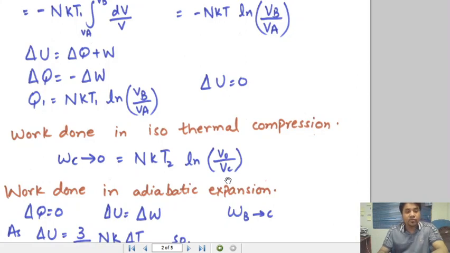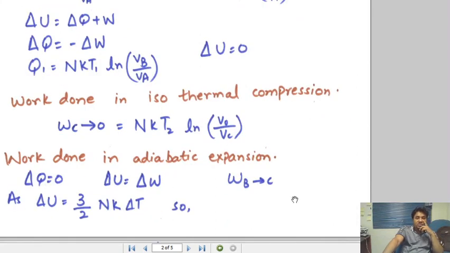So now we are going to find out the work done during an adiabatic expansion, and that is for the cycle B to C. In an adiabatic process, we know that no heat can enter or leave the system.